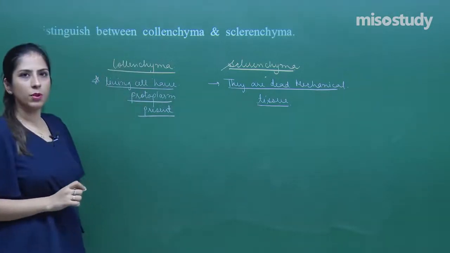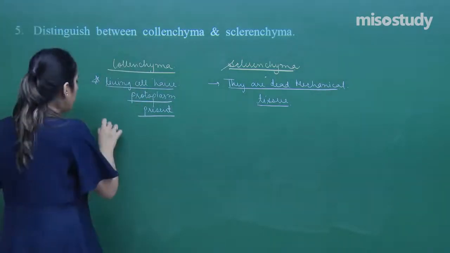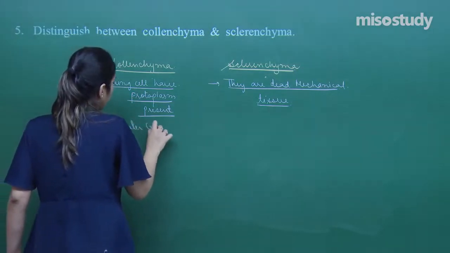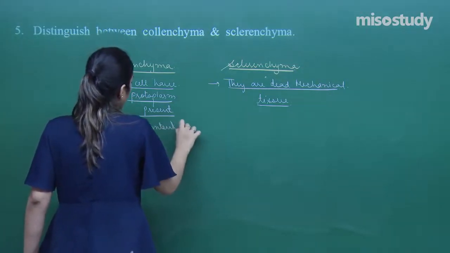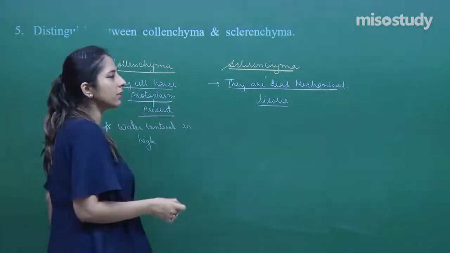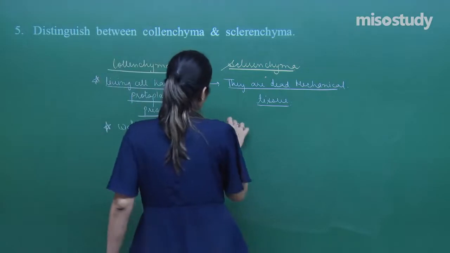To talk more about the collenchyma and the sclerenchyma, in the collenchyma the water content is very high, and in the case of the sclerenchyma, the water content is low.